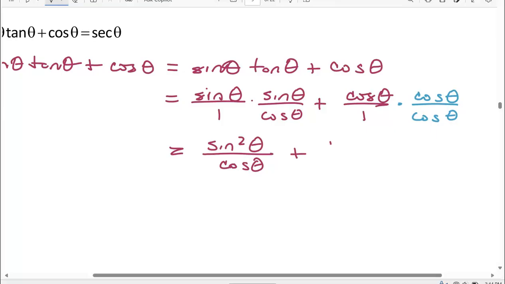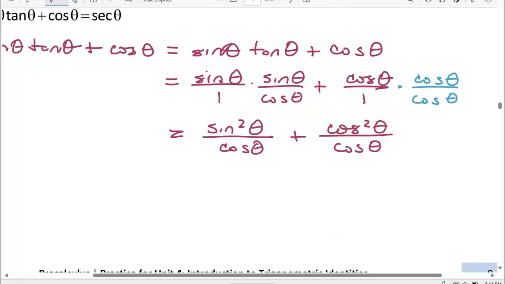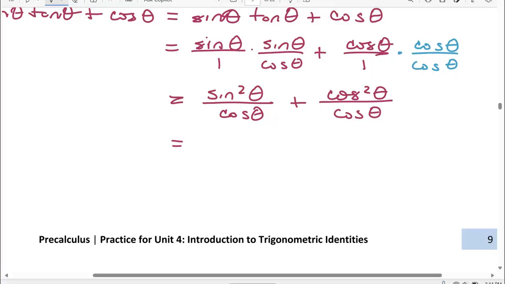And for the second multiplication, that's cosine squared of theta over cosine of theta. And when we add fractions, you add the numerators, sine squared of theta plus cosine squared of theta, and keep the denominator, which is cosine of theta.